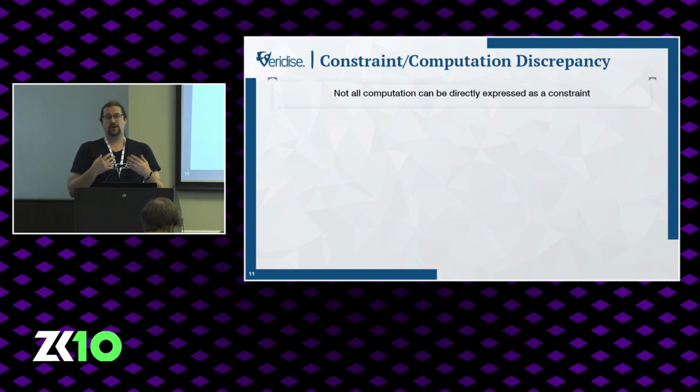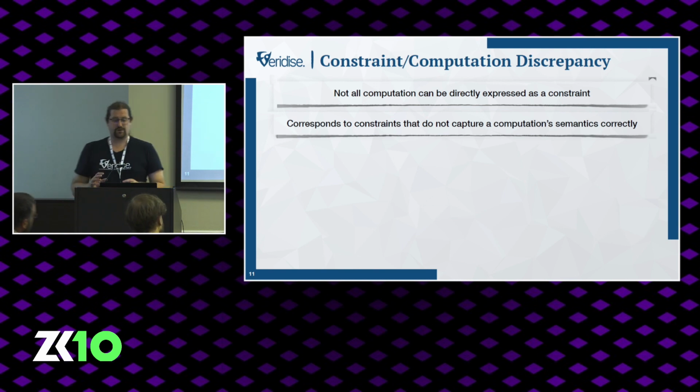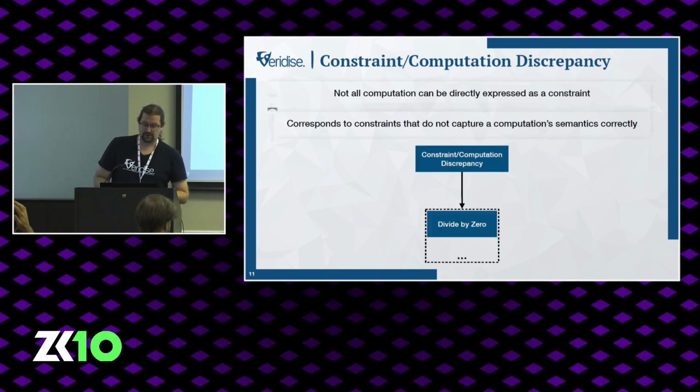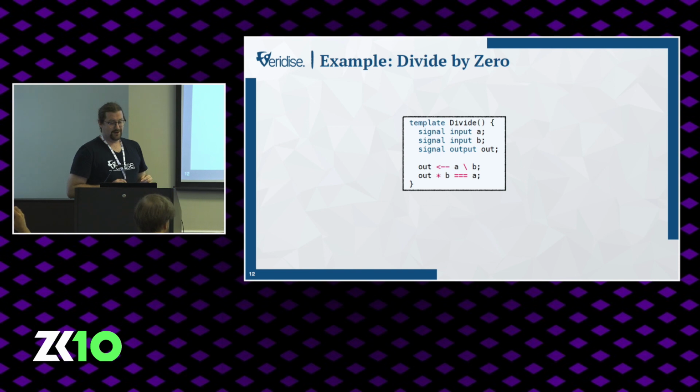This is because constraints have to have a particular form, and this is enforced by a lot of different ZK DSLs. This corresponds to constraints that don't correctly encode the computation semantics. Basically, we're going to look at one particular case called divide by zero.